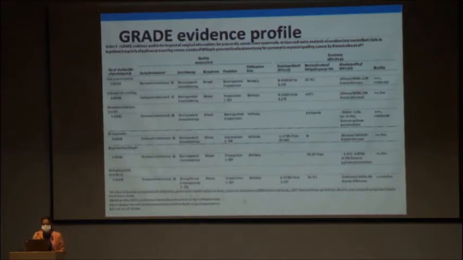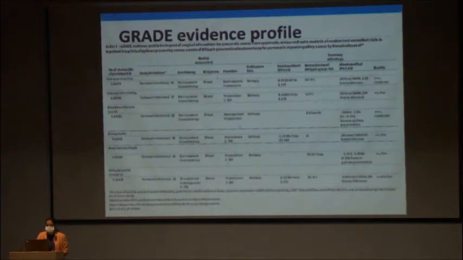So, all of these issues that I will talk about shortly. And so one rating down from high to moderate. So that's how it happens. Here, in-hospital mortality, rated down twice. So once for risk of bias and once for imprecision, right? So that's how you land up with low quality evidence.